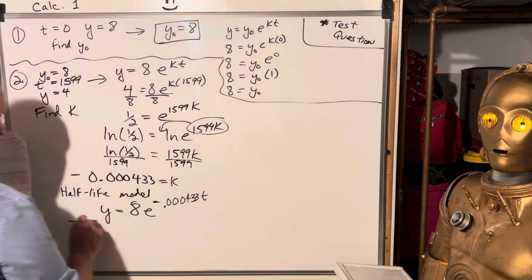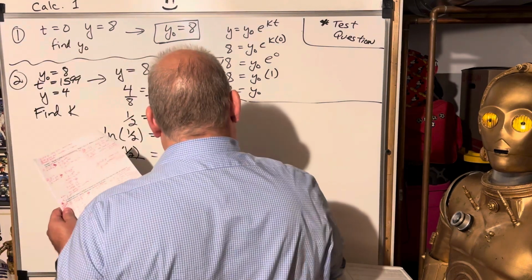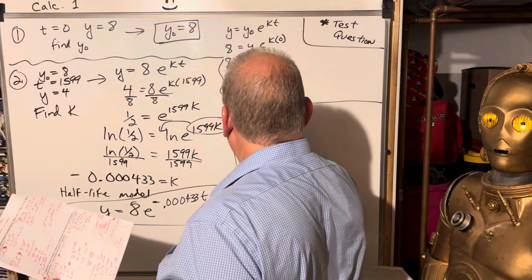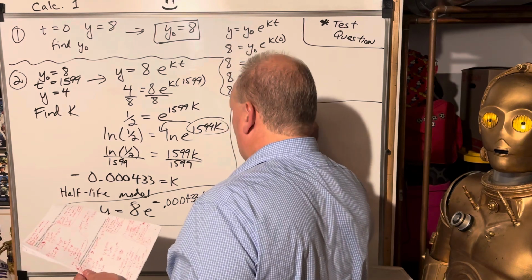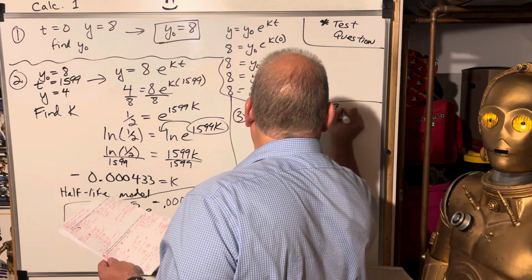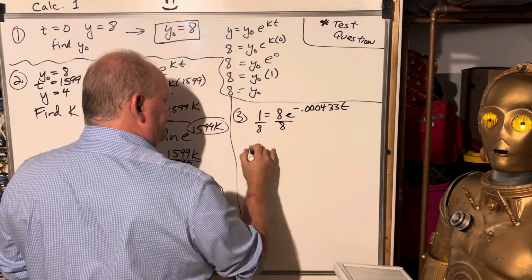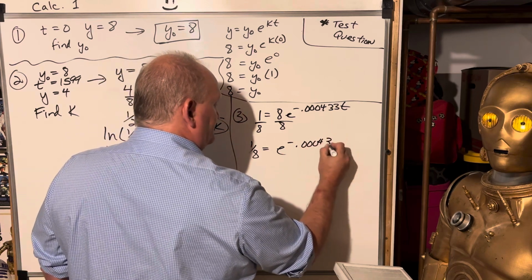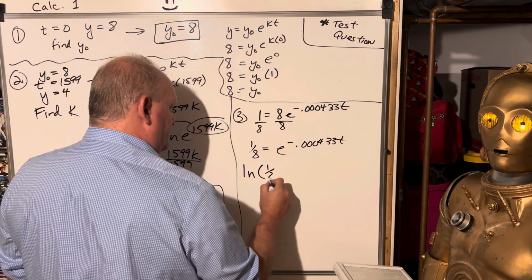All right. So now, here we have it. Kind of our general model. And now let's answer number 3. They wanted to know when that's 1, how much time is going to elapse. And so you divide out the 8. And natural log both sides.